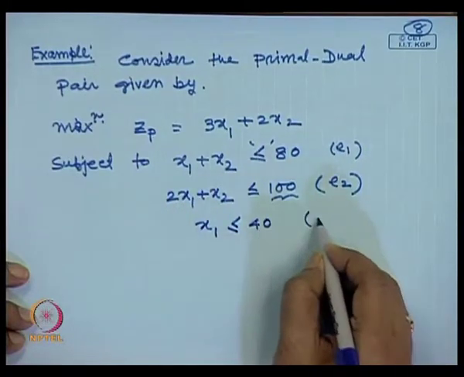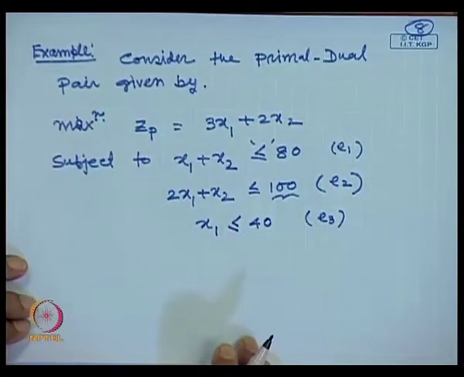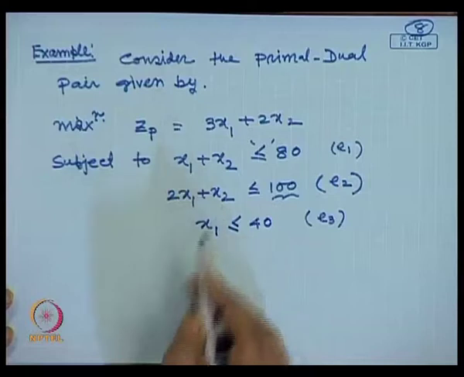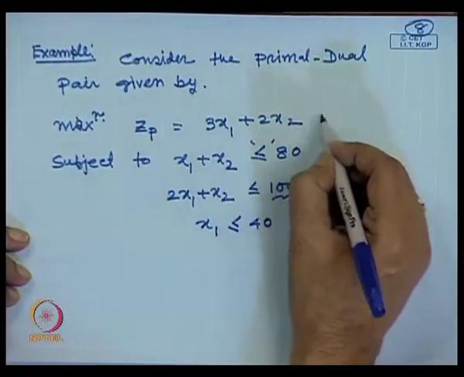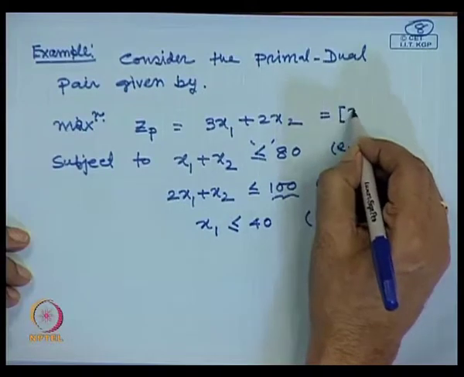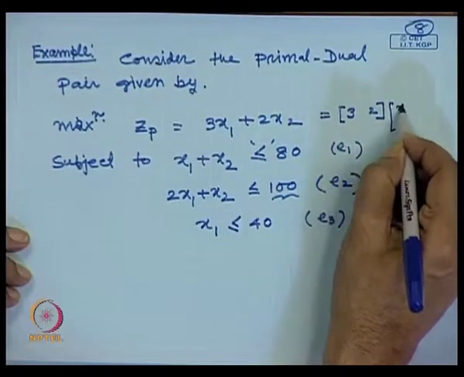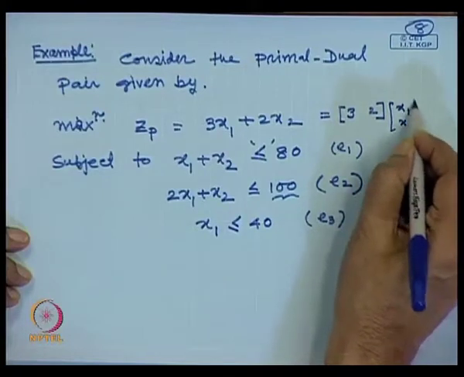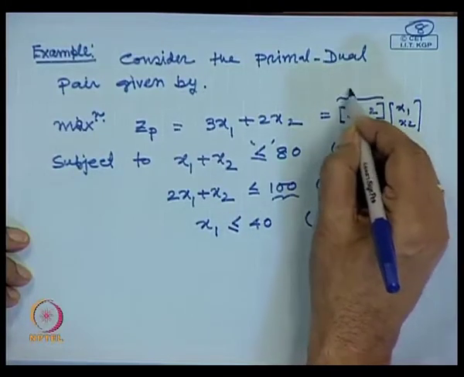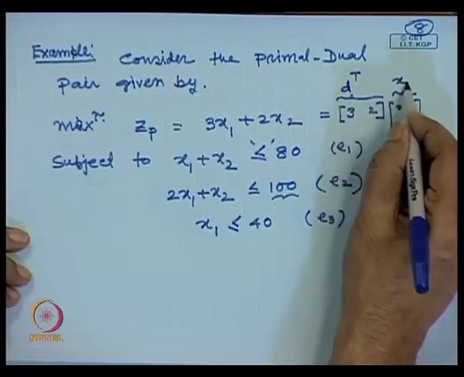That means this is our E 3, the right hand side of the inequality is 40. If we write in terms of our notation, D transpose is 3, 2, and x is x 1, x 2. So, this is nothing but our D transpose, and this is nothing but our x.